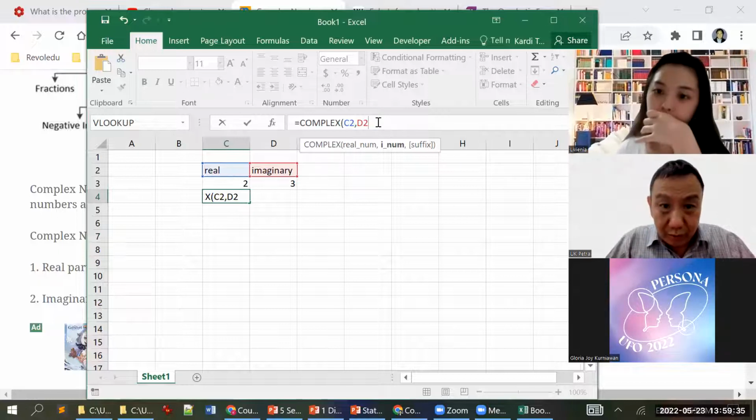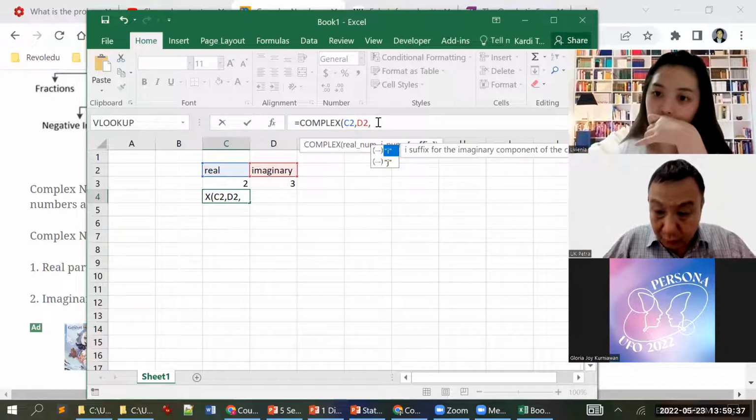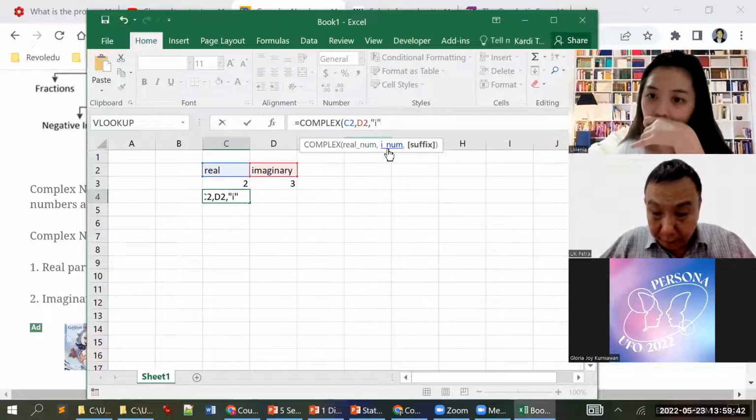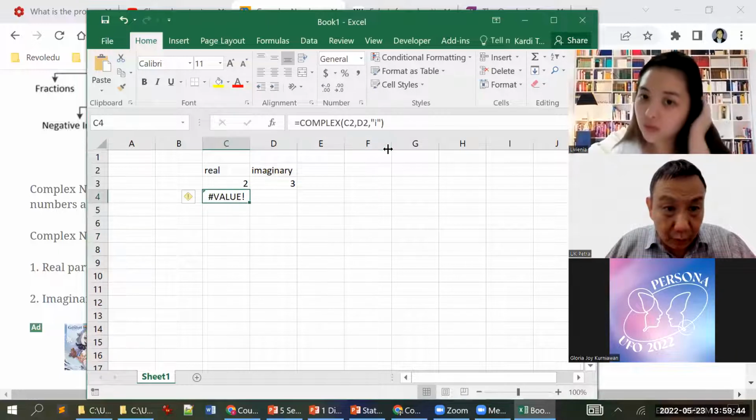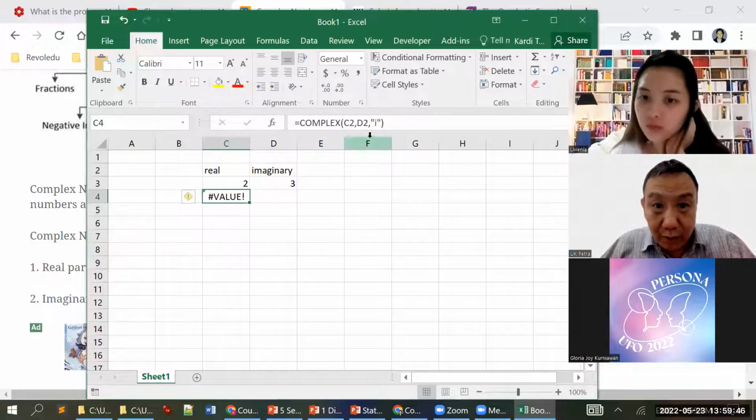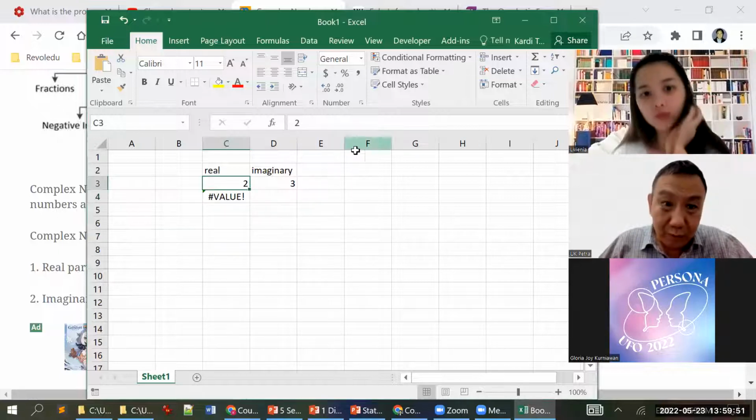So it's supposed to be i. Oh, why doesn't it work? Is it because you clicked C2 instead of C3?